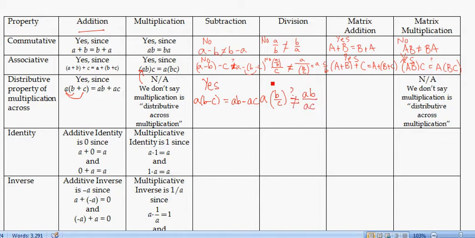And of course, no, that's not true, because this would just be equal to B over C. So the distributive property of multiplication does not go across division. What about matrix addition? Can we multiply A times B plus C and get the same thing as A times B plus A times C in terms of matrices?